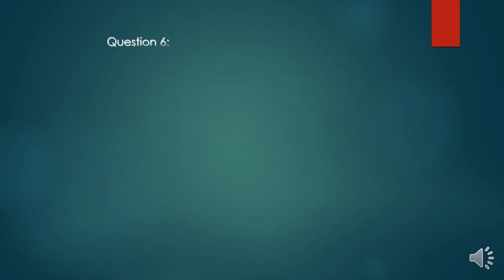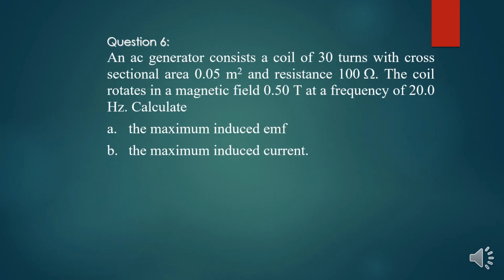Okay, for the last question, question number 6. An AC generator consists of a coil of 30 turns with cross-sectional area 0.05 meter squared and a resistance of 100 ohm. The coil rotates in a magnetic field of 0.50 Tesla at a frequency of 20.0 Hz. Calculate the maximum induced EMF and then the maximum induced current.